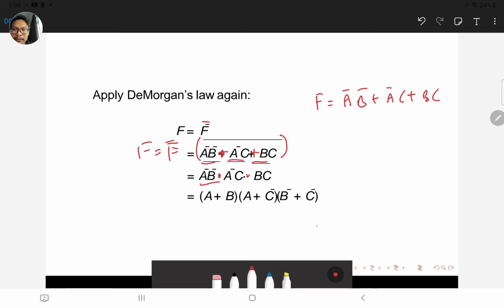And then we can also separate this out. So here is A double bar, this AND here is a plus, B double bar, A double bar, C bar, B bar, C bar. This dot here becomes a plus, and here is your POS equivalent for F. So this is your F, which is equal to F double bar.